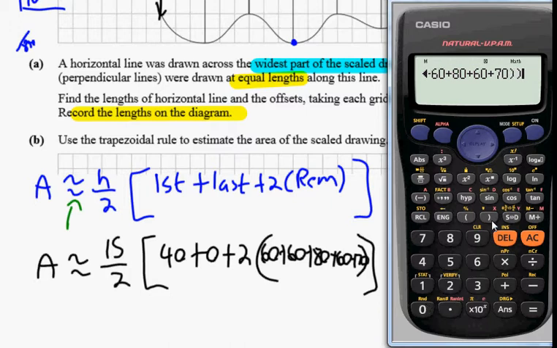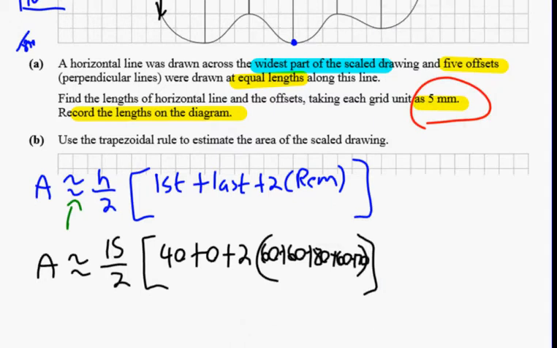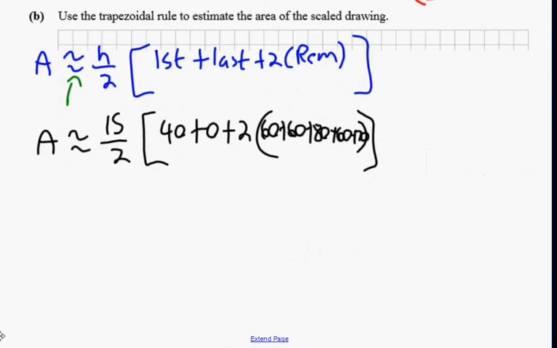Close bracket. 5,250. It's the width, Sean. Yes. Yep.